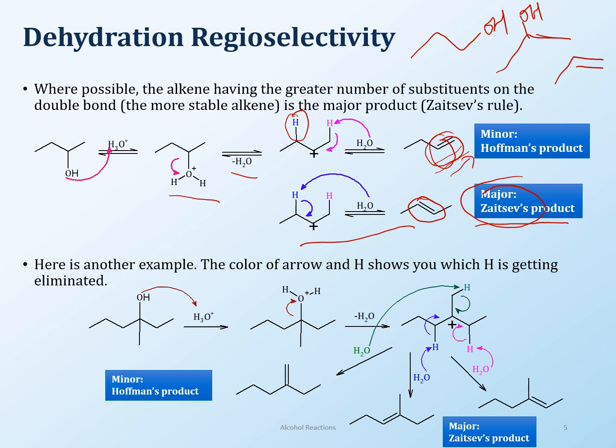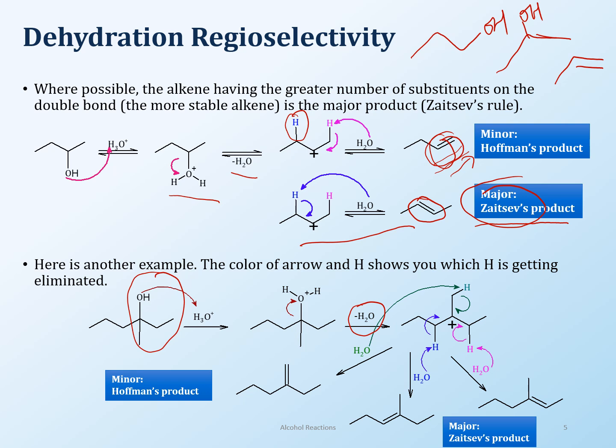All right, let's look at another example, the one below it, a tertiary alcohol. In this tertiary alcohol, again, you do the same thing: pick up a proton, and then the water leaves. Once the alcohol is protonated, it's a good leaving group. Once it goes away, you create a carbocation. Instead of writing three reactions, I color coded the reactions for you so you can see that you have three beta protons.